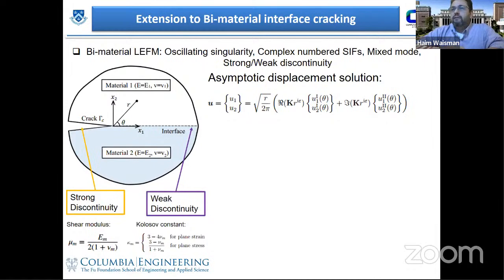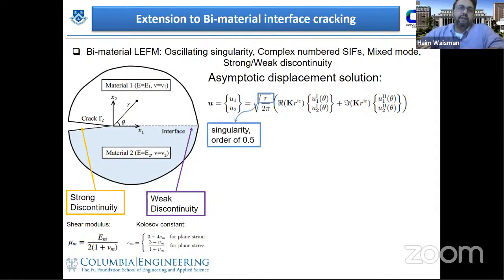First of all, you have a strong discontinuity where the crack is, but also in the interface there is a weak discontinuity that one has to consider. And so if we explore the analytical solution in this case, which is given by this function here, this is Muskhelishvili's analytical solution with complex numbers.